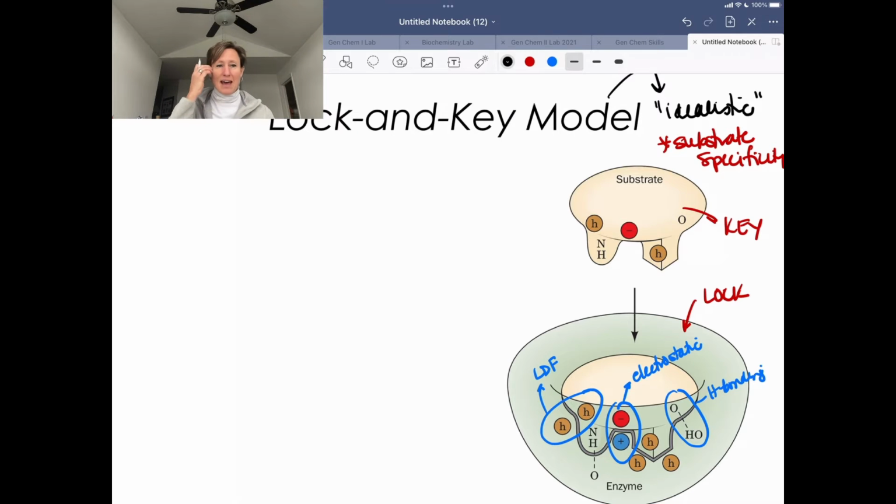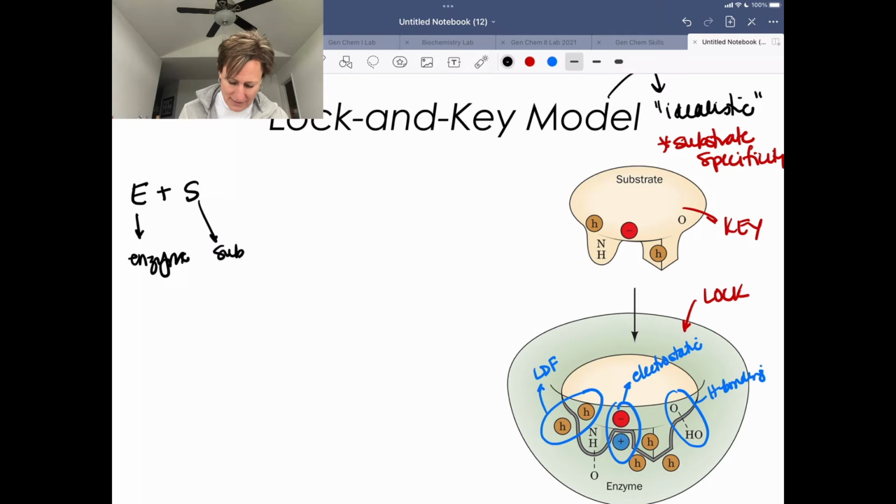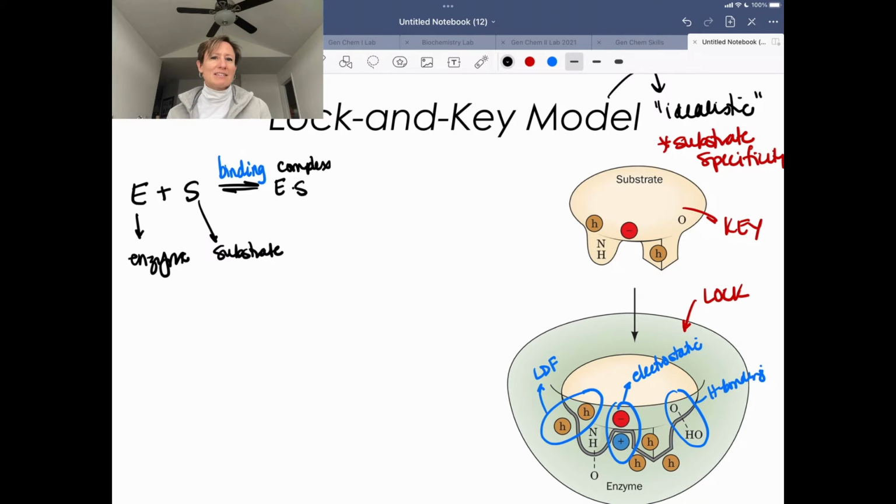We're going to abbreviate enzyme E, and substrate is S. One thing we'll talk about is that enzyme binding substrate is a reversible process, and it generates an enzyme substrate complex. We call this the Michaelis complex, and we'll deal with it in our learning unit on kinetics.